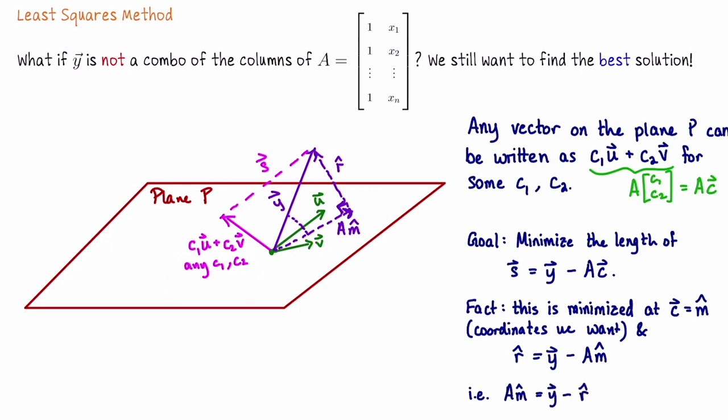At this point, it might seem like I'm just going in circles because I've written down one equation with two quantities that we don't currently know, r and m. But we're going to use the fact now that r is perpendicular to the plane. It's sticking straight out of the plane, in order to come up with a way to ultimately solve for these coordinates m that we need for our line of best fit.